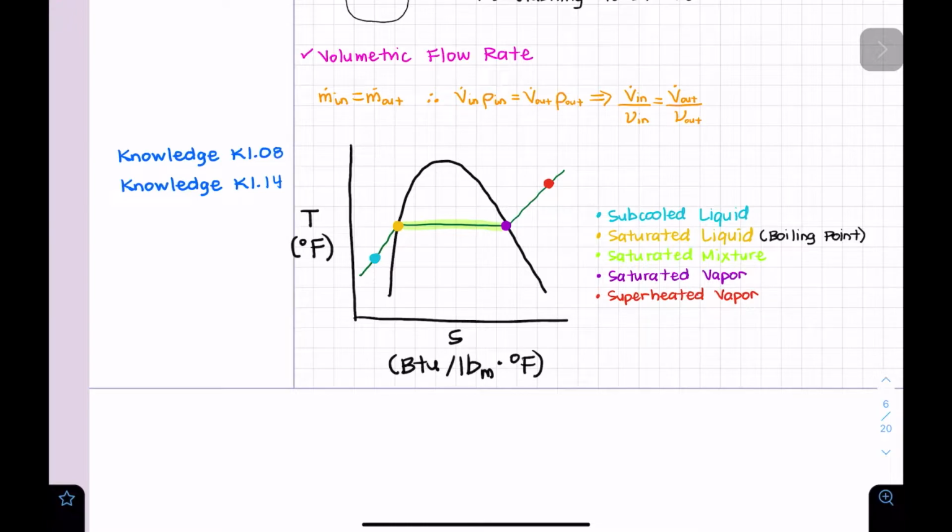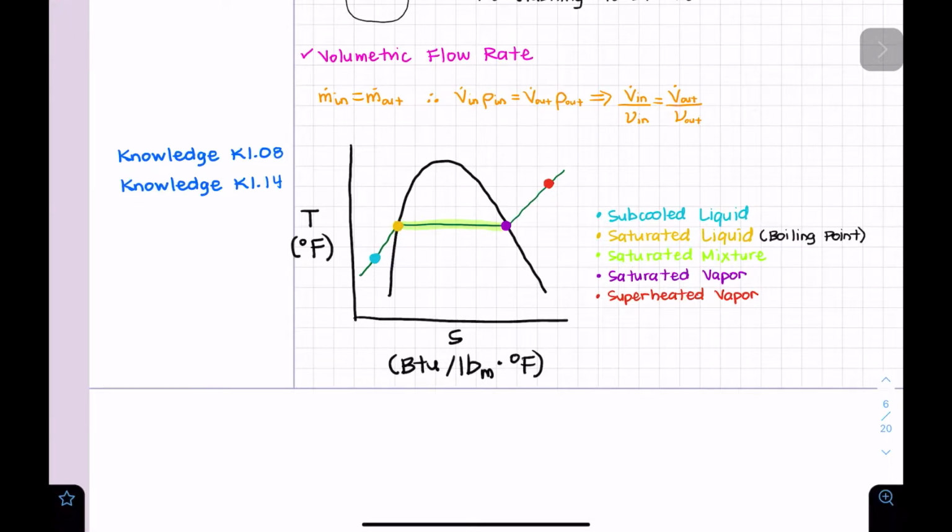Here we have this TS diagram, and different points are different states of the liquid. At this point we have subcooled liquid, and the temperature is increasing. If we increase the temperature, we get to a point where we start boiling and reach saturation. This is what we call saturated liquid.